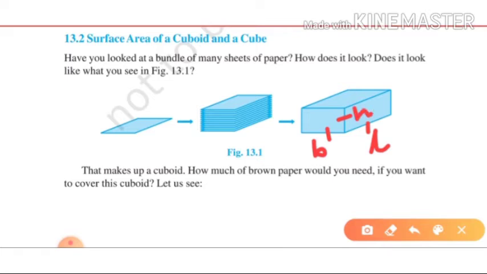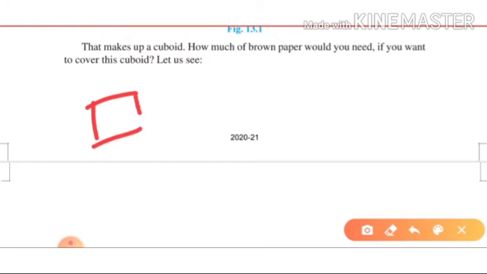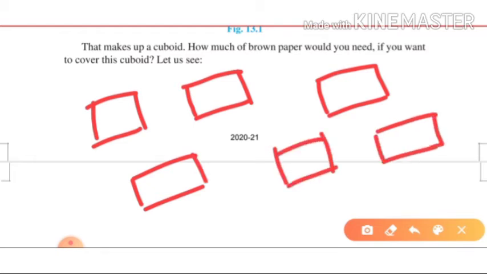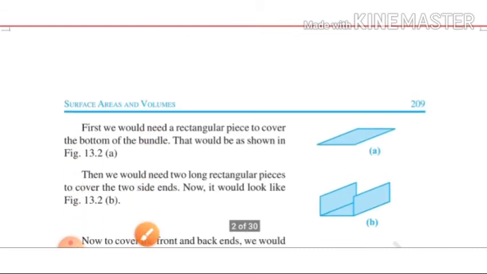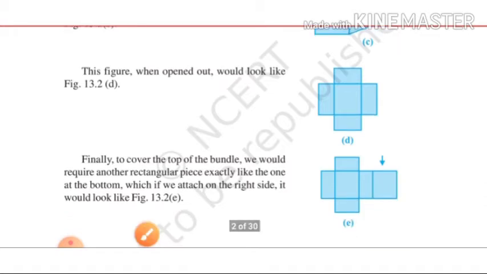So we have 6 faces, that means 6 rectangles. Two faces face each other, the opposite faces.